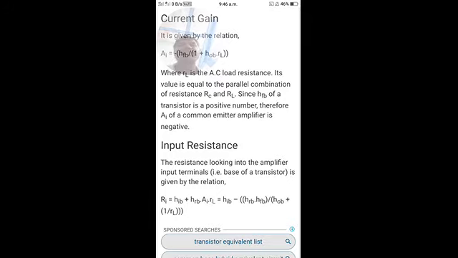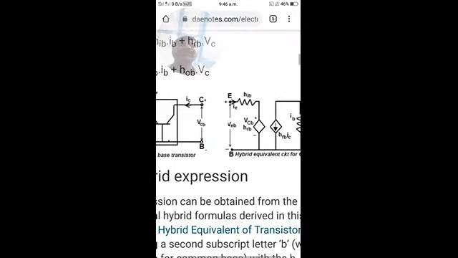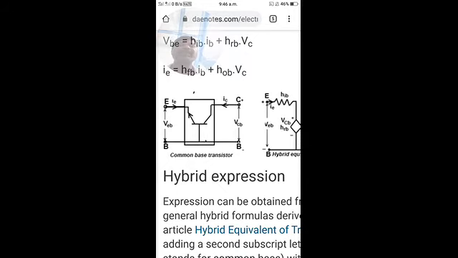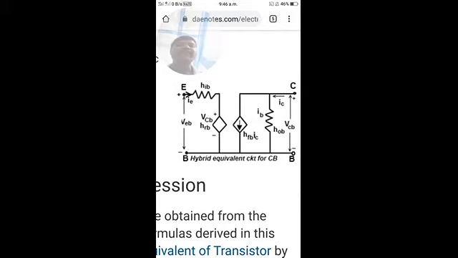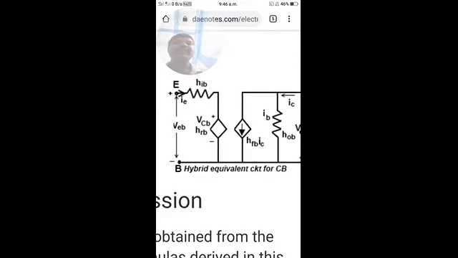Next is the input resistance, the resistance looking into the amplifier input terminals in the common base configuration. Here the base is common. This is the common base configuration and its equivalent hybrid model in CB configuration. The input voltage VEB is equal to hib into IE plus hrb VCB, where VCB is the output voltage.